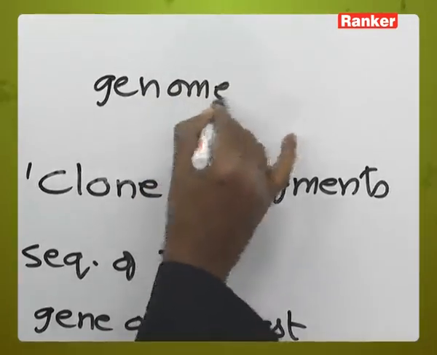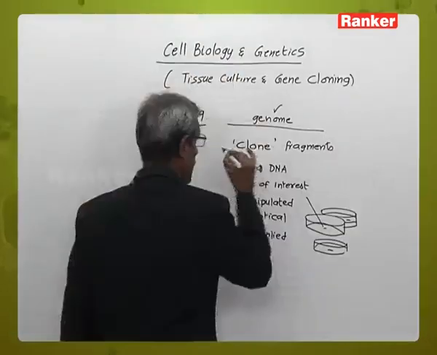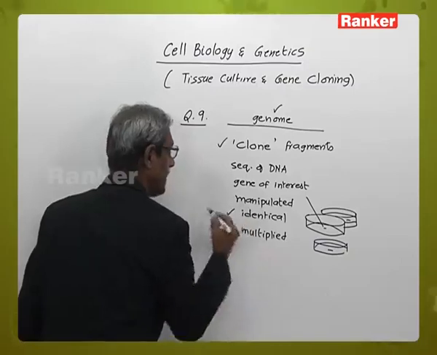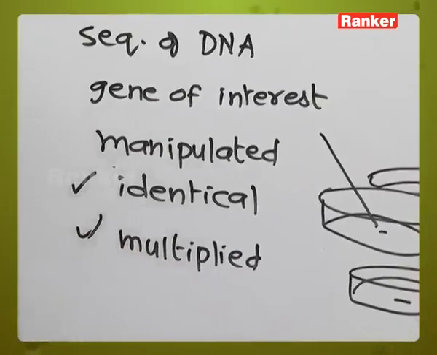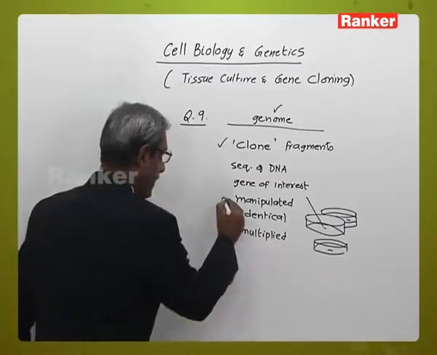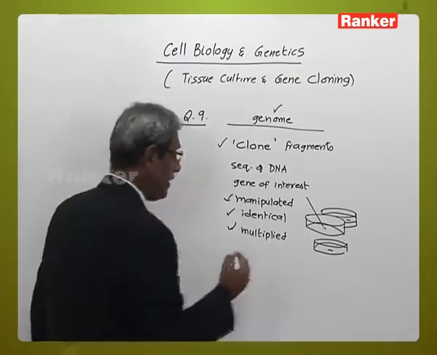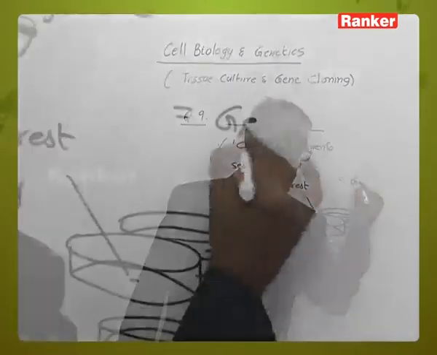So, you are representing the entire genome, you are taking cloned fragments. When you say cloned fragments, it means identical fragments. You are aiming to multiply them and also manipulate them. So, this primarily is termed as the genomic library.